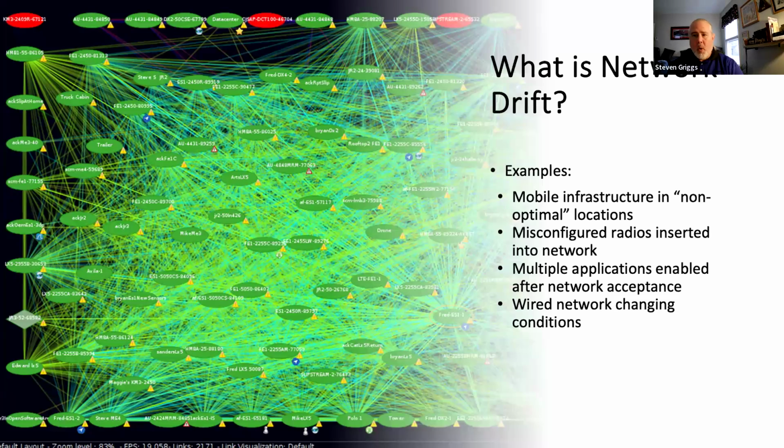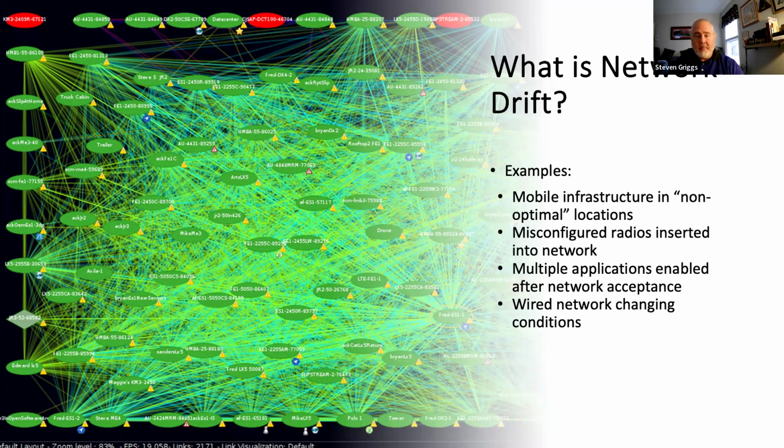So first, what is network drift? We've done a few videos, and this has been the subject of videos and even a webinar. Network drift happens to 100% of the networks, 100% of the time.